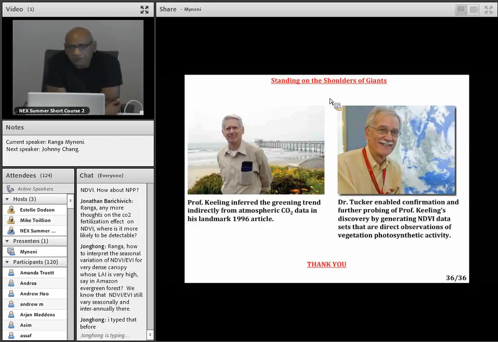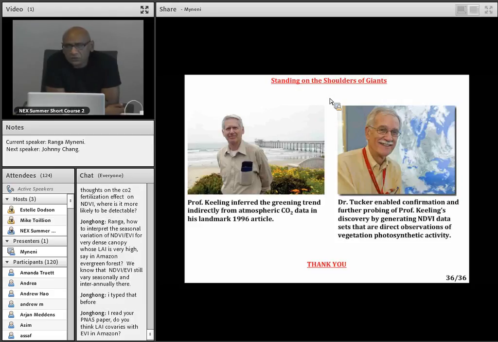The work that we have done shows that the intra-annual signal is quite strong, so we are able to capture that in NDVI and EVI over Amazonian forests. But the interannual signal, especially the signal you would see in a drought year versus a non-drought year, if the drought is not very strong, may not be visible because these values are saturated.